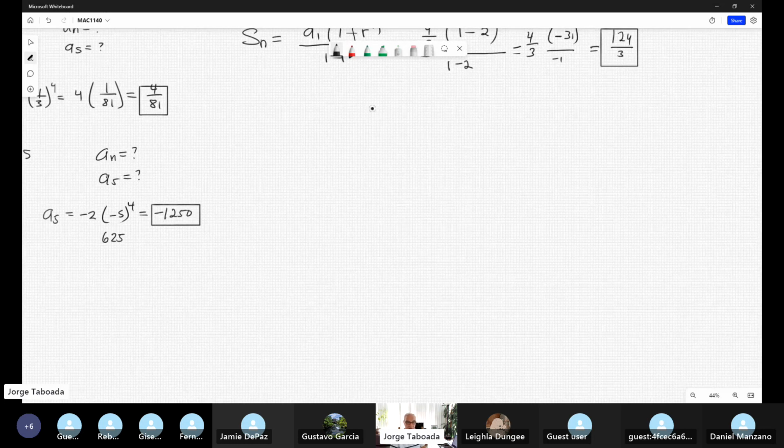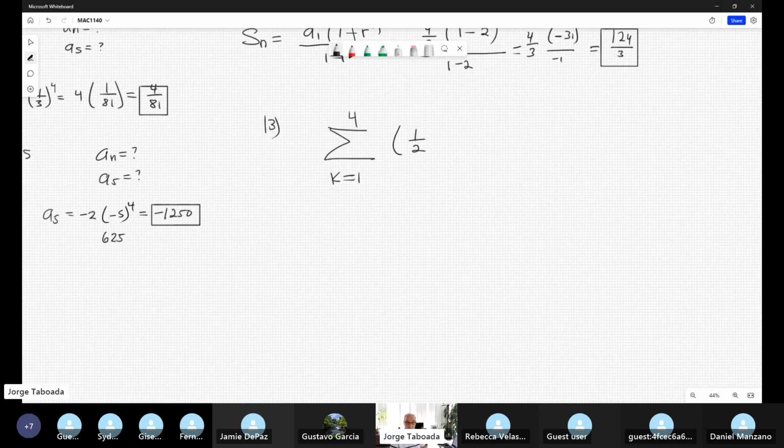Number 13 now, similar, same thing. Summation from k equals 1 to 4 of 1/2 raised to the k plus 1. Well, this is not a long summation. You can expand it one by one: 1, 2, 3, 4, and you add, and that's it.